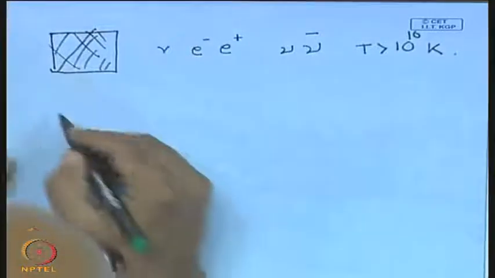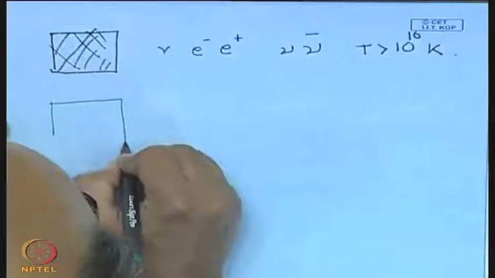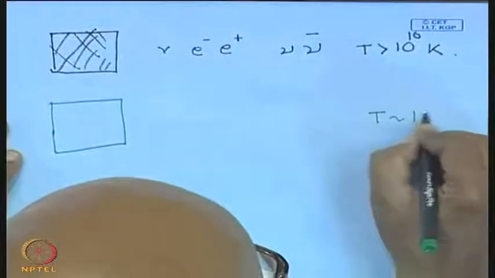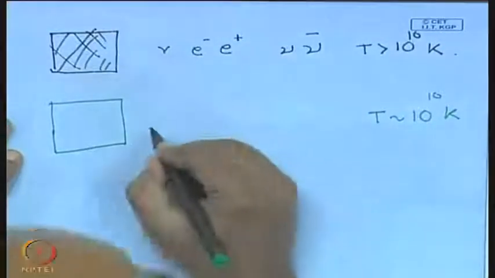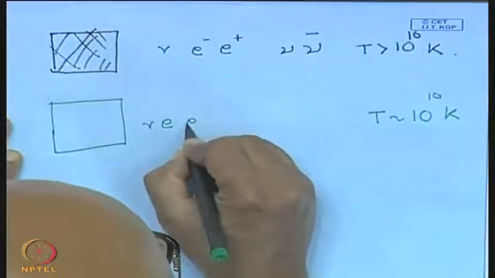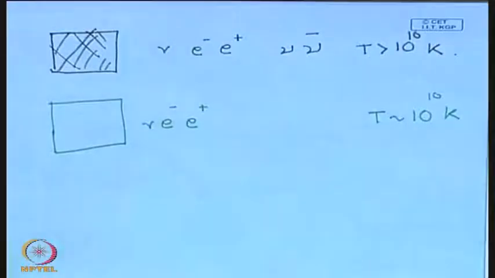So at some temperature of the order of 10 to the power 10 Kelvin, we still have the electron, but the neutrinos are out of thermal equilibrium.